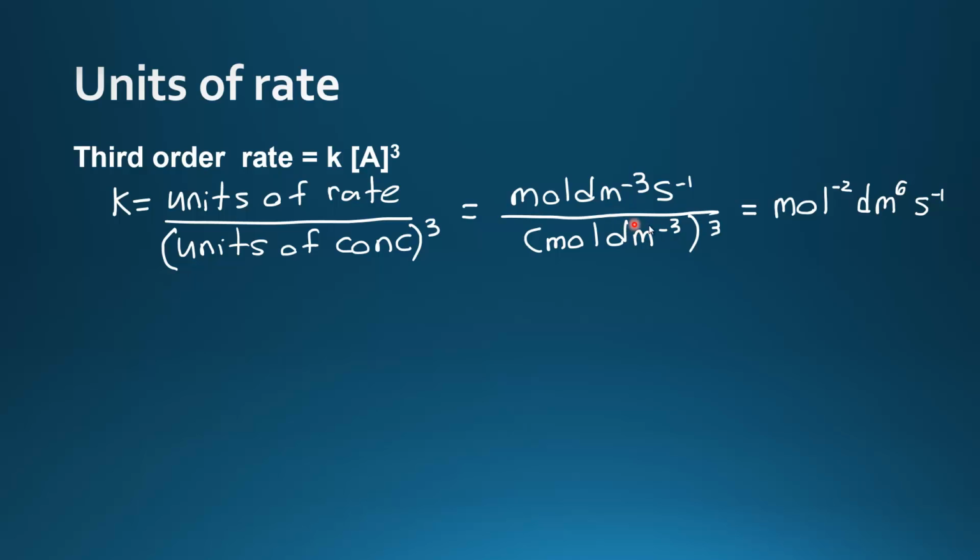And when everything cancels out, you're left with mole to the negative 2, because you should have 2 mole left on the bottom. And then decimeter to the 6, because there should be 2 decimeter cubed left on the bottom. And then the top will cancel to leave second to the negative 1 on the top. So you end up with mole to the negative 2, decimeter to the 6, second to the negative 1.